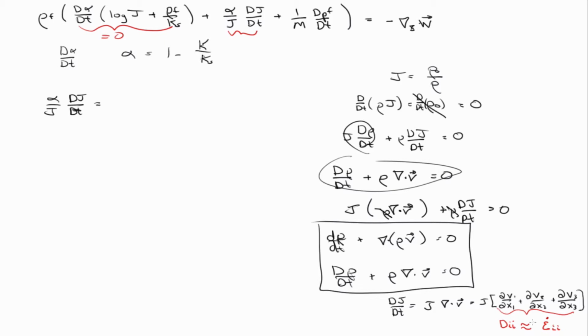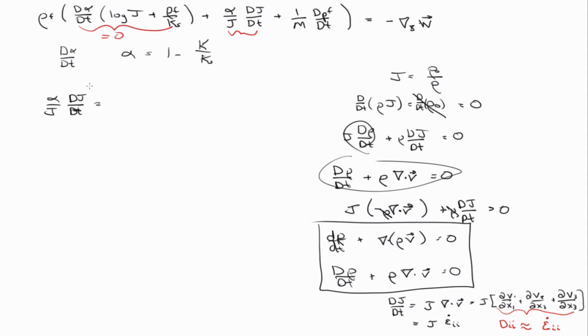And in your first homework, one of the plots was showing that, where you compared the small strain tensor and the rate of deformation tensor for different displacements, right? Okay, so then ultimately we can write this as J times E_II. So DJ Dt is equal to J E_II.